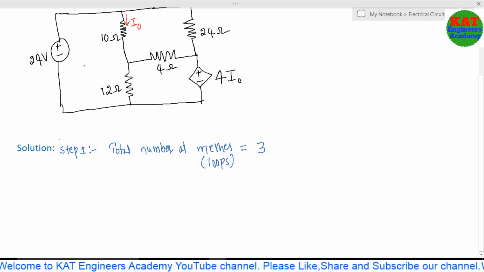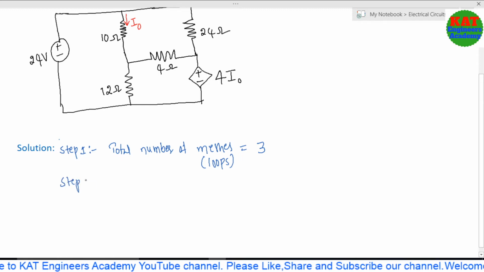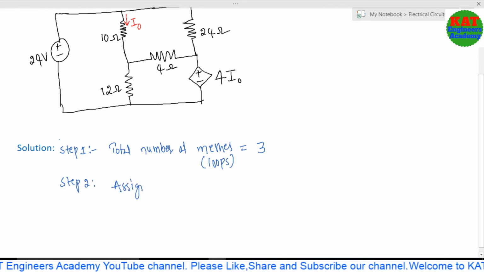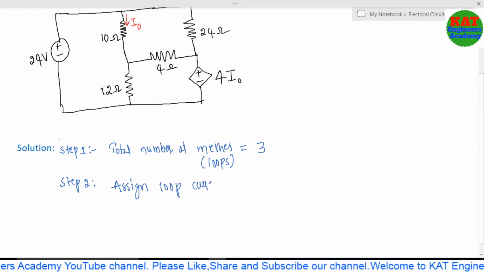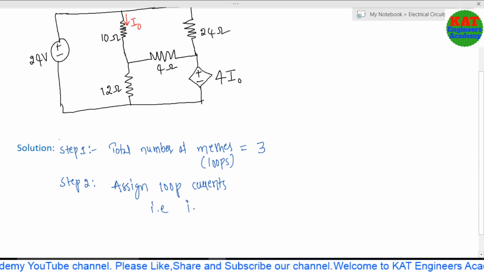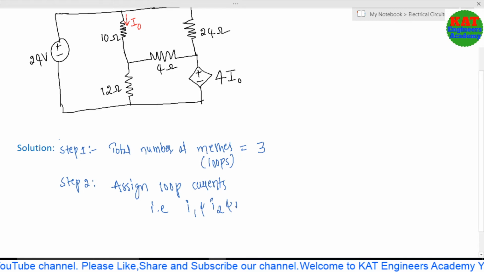Now step 2: assign loop currents. Here I consider the loop currents for the 3 loops as small I1, I2 and I3. You can consider any direction, either clockwise or anti-clockwise.